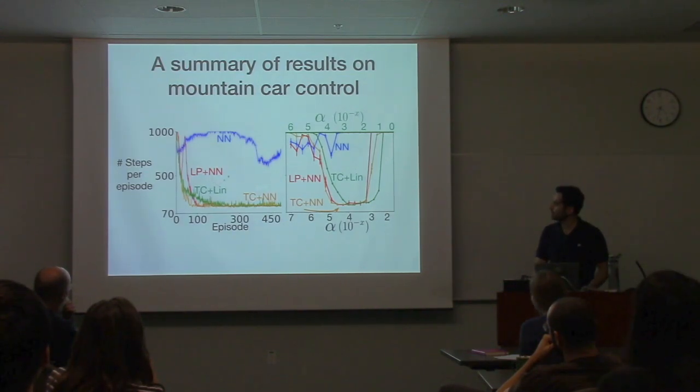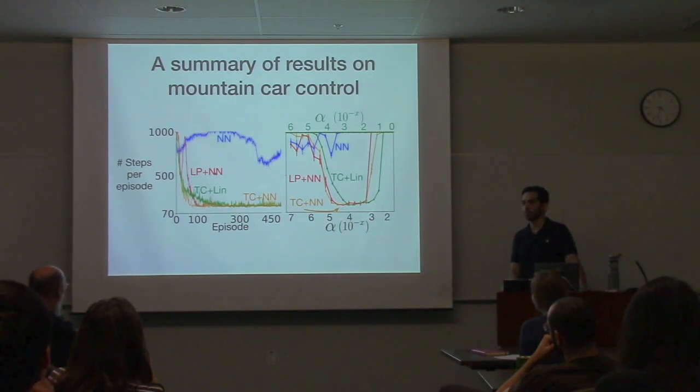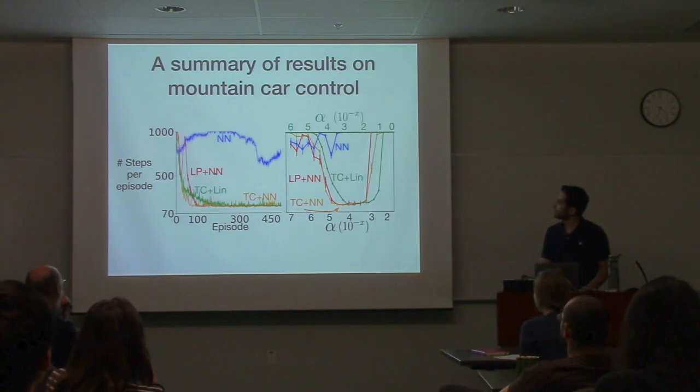This is the new method. This is called LP plus NN, for lift and project plus neural networks. This is the mountain car control problem, so it's not a prediction problem. This is the new method. This is tile coding plus neural networks. And this is tile coding plus linear function approximation.